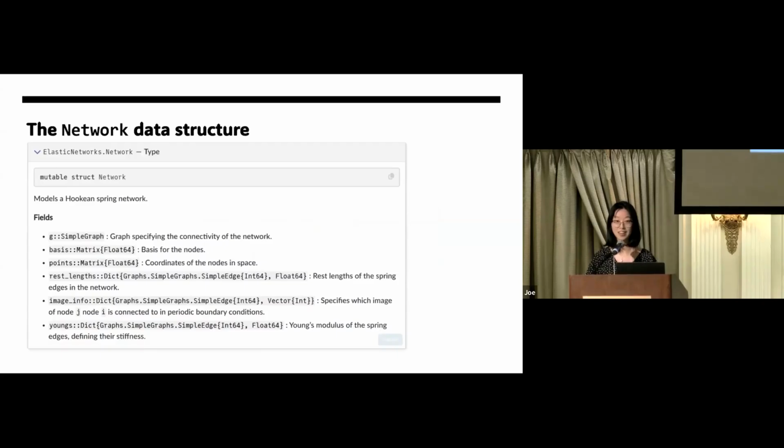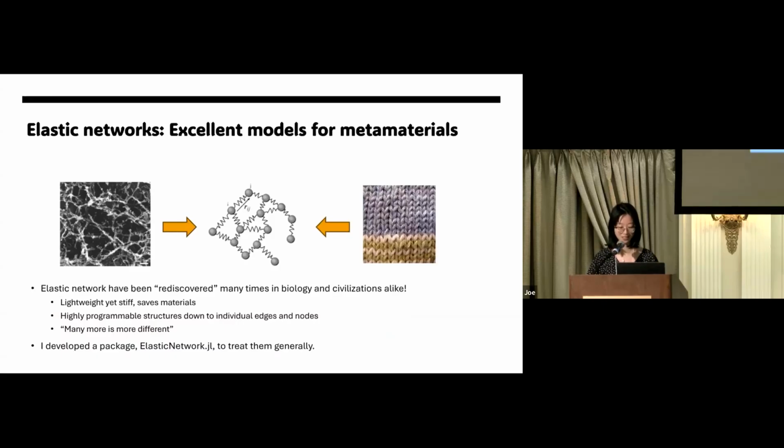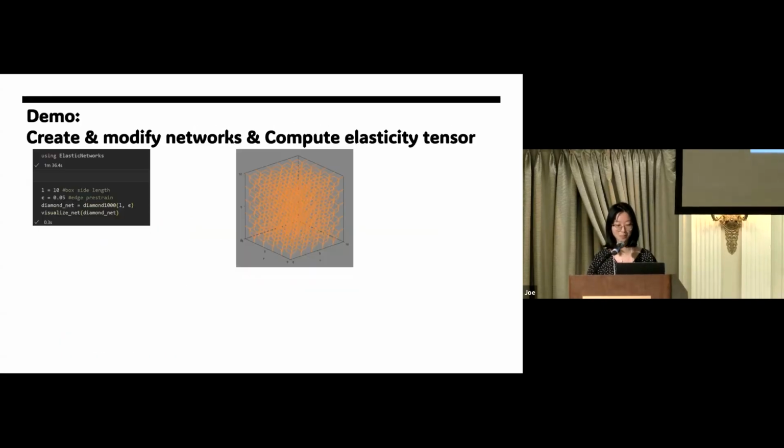For our elastic network data structure, we have a graph that tells us the connectivity between the nodes in the network, and of course, the basis that tells us the simulation box, and the points, the locations of the nodes in space. For each edge, we have rest length and Young's modulus. And because we are in periodic boundary conditions, we also specify which image of node J node I is connected to. With this package, we can create and modify networks.